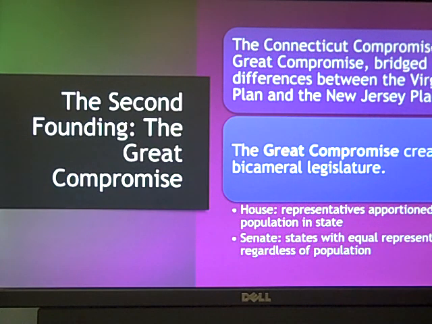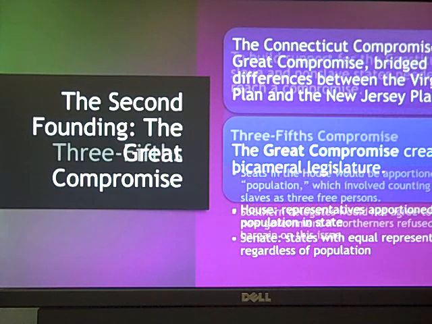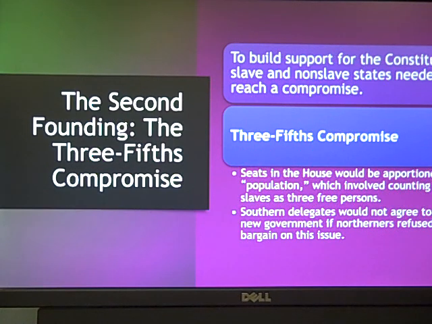The House of Representatives is the Virginia idea based upon population. The Senate is the Jersey idea, equal representation. Every state has two senators, regardless of their population. California and their 40 million people, two senators. Wyoming and their 50 people, two senators, right? I jest, Wyoming has 500,000, but still, not many.